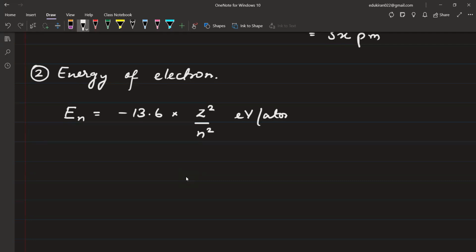This is the energy of the electron in the nth orbit of an atom with atomic number Z, where Z is still the atomic number. This is in terms of electron volts. Please write next. Energy of an electron in the nth orbit will be equal to -1312 into Z square divided by n square. This will be in terms of kilojoule per mole.